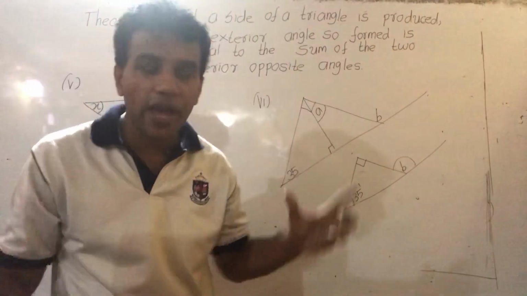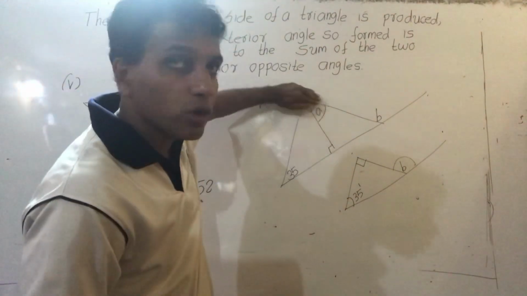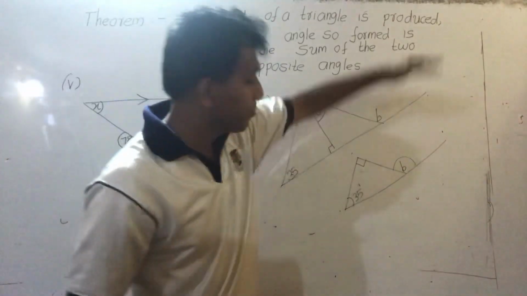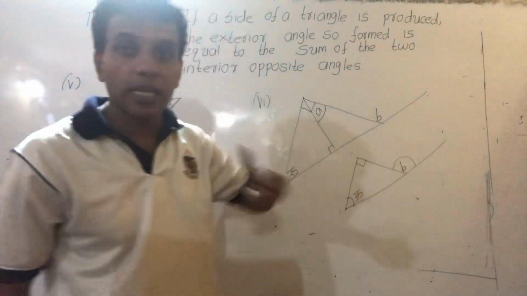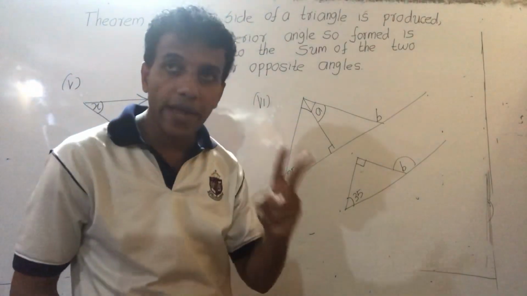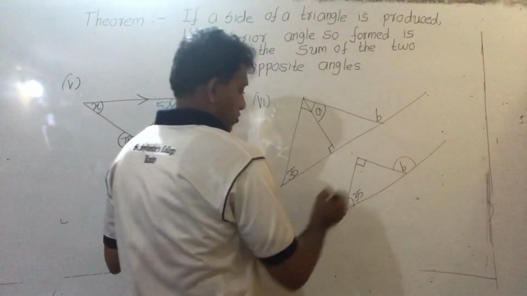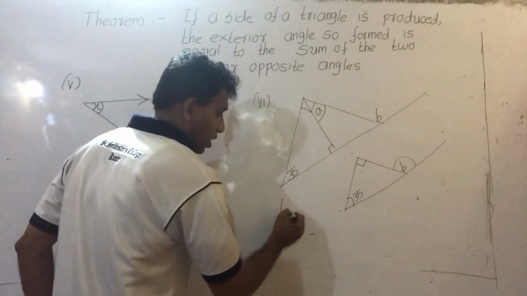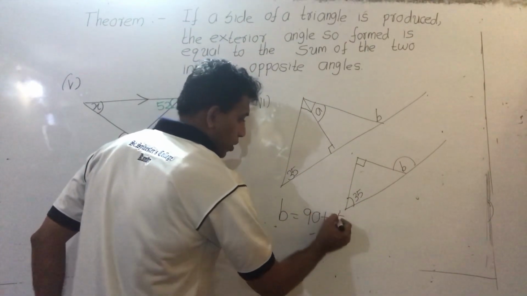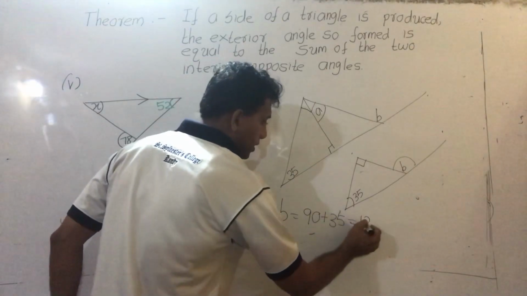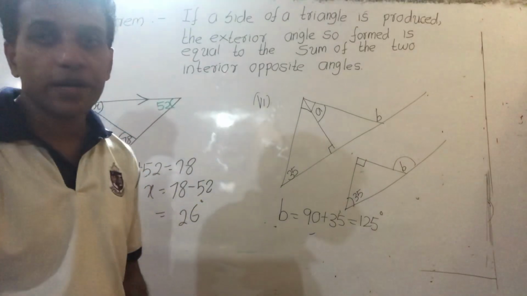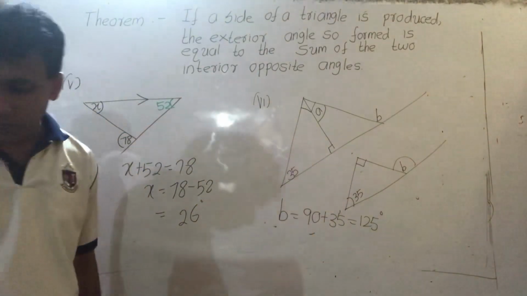Take the biggest triangle, ignore this line for the moment. The side is produced, so exterior angle B equals the sum of the two interior angles. Therefore the B answer is 90 plus 35, which is 125 degrees. B is 125 degrees.